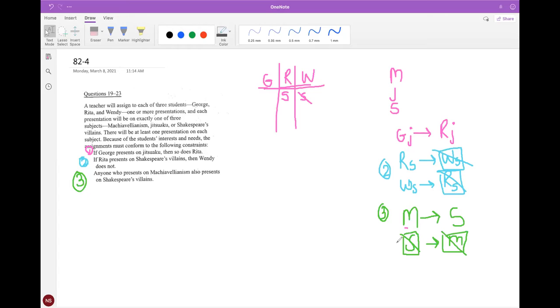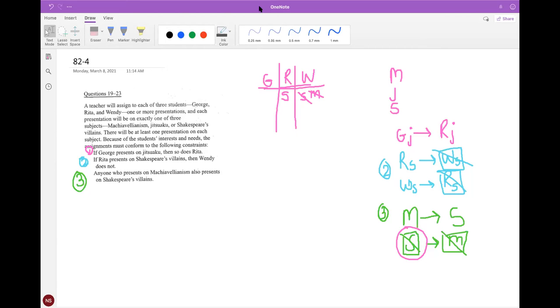This is where your contrapositives really are helpful. If you don't have S, who else can you not have? M. So if W doesn't have S and doesn't have M, who does W have to have?